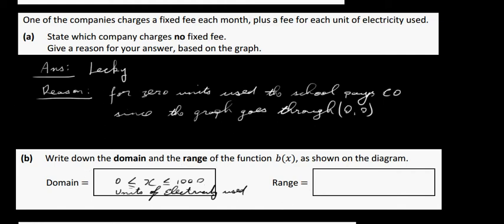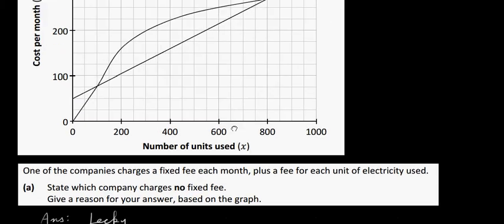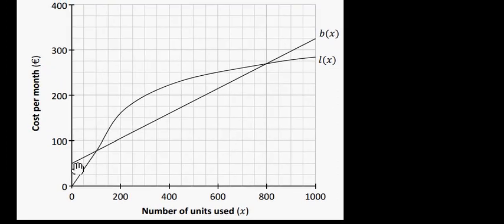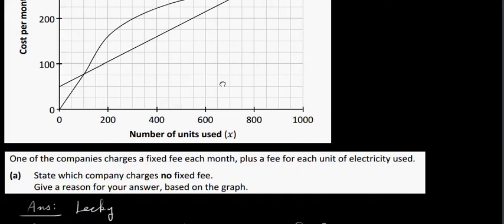The range then, they're the set of outputs. So the set of outputs would be on the y-axis here. So y would start at 50 and finish here at 300, and this is 350 here, so this is 325 here. So we're starting at 50 and finishing at 325.